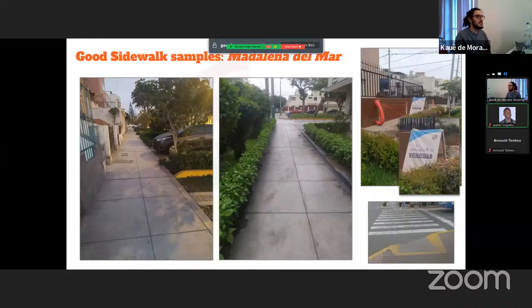So let's show some examples of good samples of sidewalks. For example, the neighborhood of Magdalena del Mar in the city of Lima. You have this totally free lane, and then you have the services part where you have, for example, parked cars, parking for cars that are also a security measure for the pedestrian.